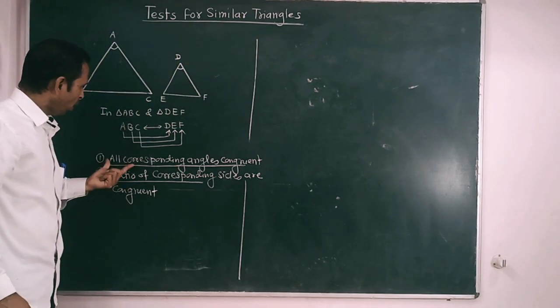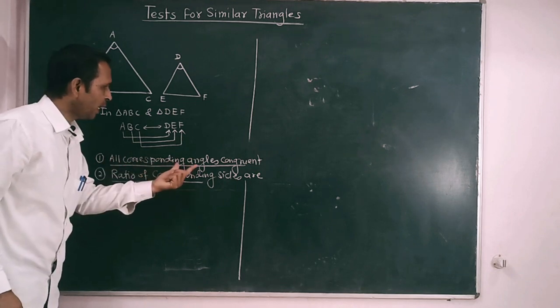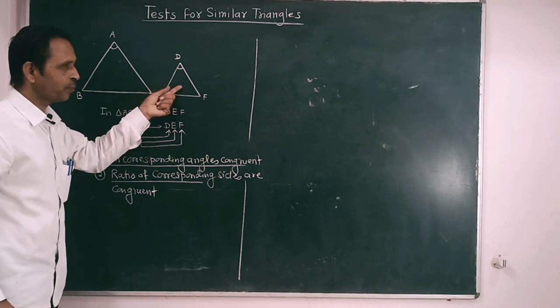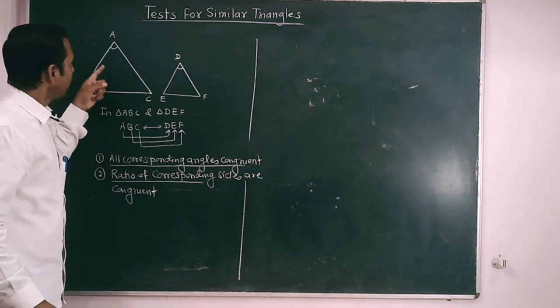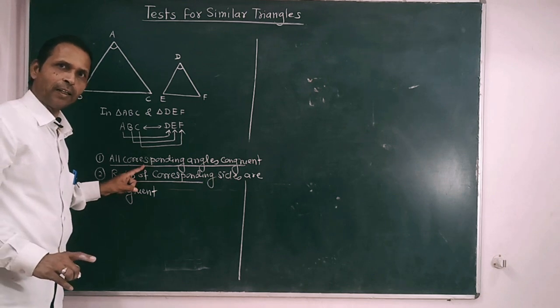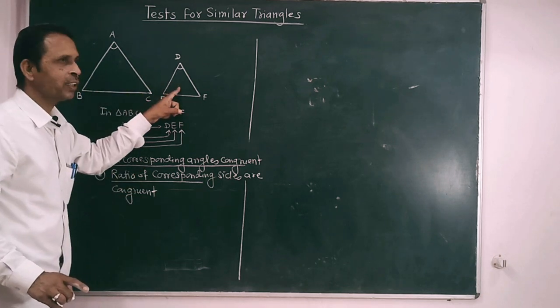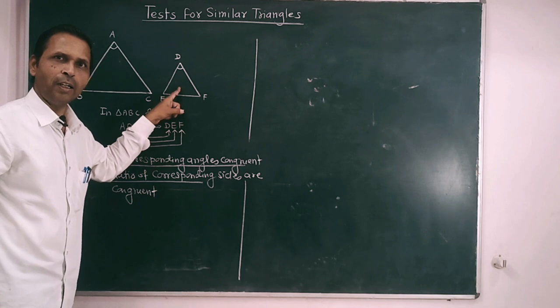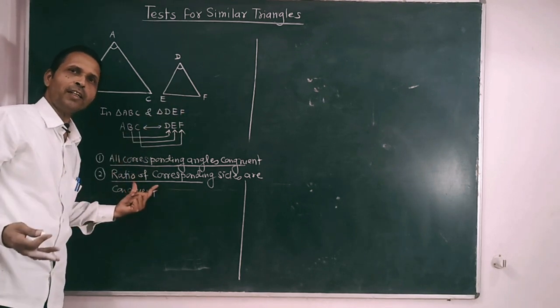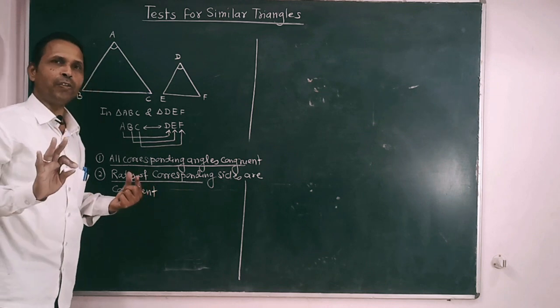Now, all these corresponding angles are congruent, meaning there are three angles. Suppose all three angles of one triangle are correspondingly congruent with the three angles of the other triangle, then the remaining conditions are automatically fulfilled.